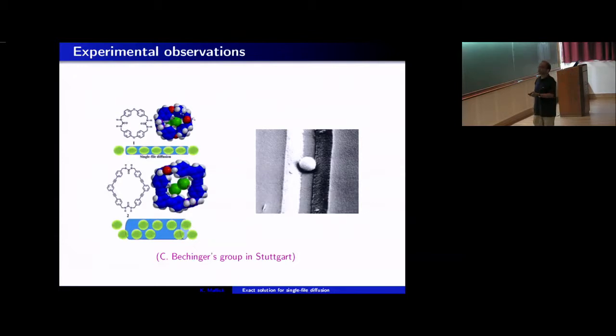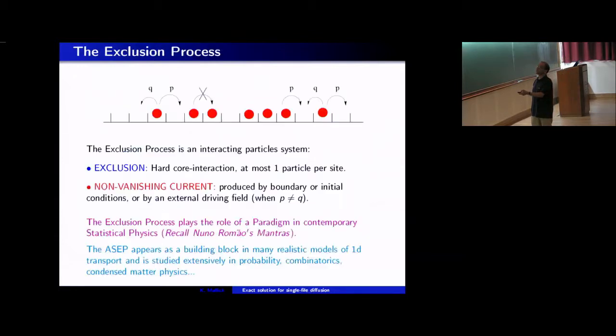Okay? So, if you want to understand this phenomenon, a good way to model it is through the simple exclusion process. The exclusion process is a simple model for interacting particles, where you have particles on a lattice which are making random walks, which can be asymmetric, and the only constraint you have is that two particles cannot occupy the same site at a given time.